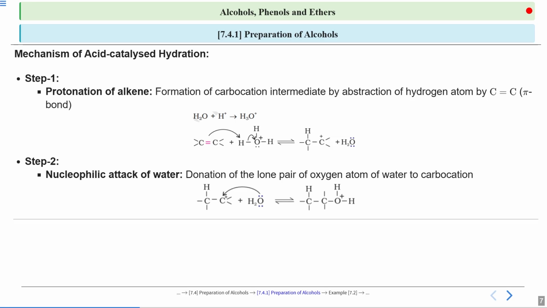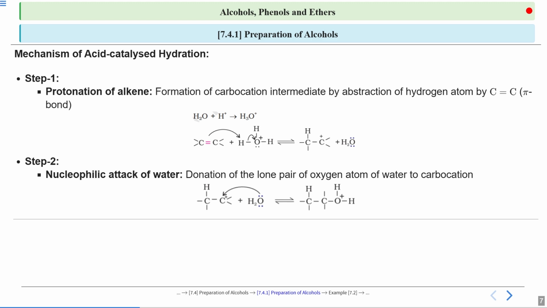Now this water molecule, having oxygen with lone pairs over it, is going to attack the positive charge of the carbon to stabilize the carbocation. And you will get what you can say is a protonated carbocation, because the nucleophilic attack of water is happening over the carbocation by the donation of lone pairs of the oxygen atom of the water molecule.